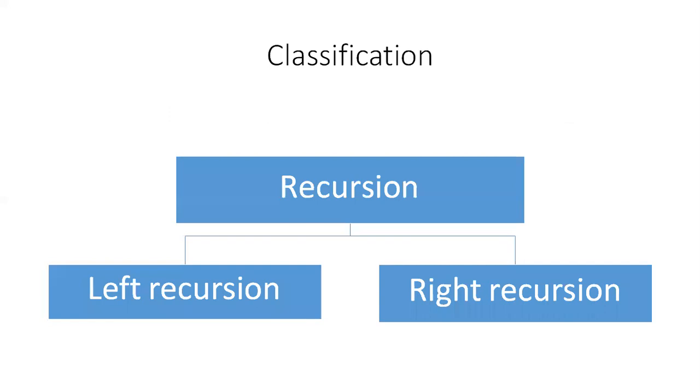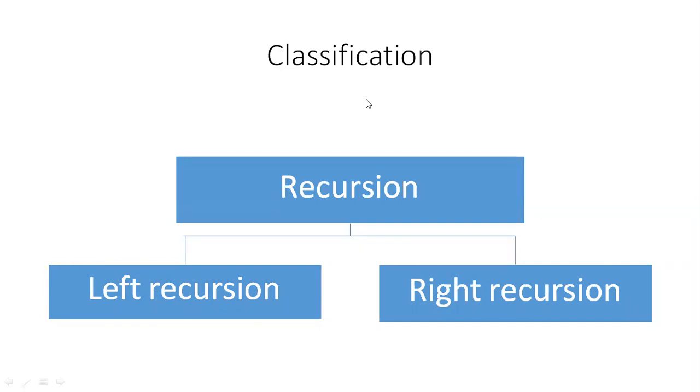Top-down parsing has a problem with left recursion, not with right recursion, right? So here we are learning the left recursion concept in top-down parsing, because it is one of the problems in top-down parsers. We need to eliminate that problem and then go for the construction of the predictive parser.